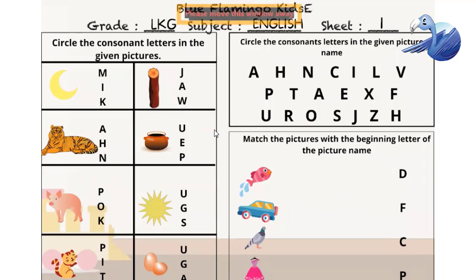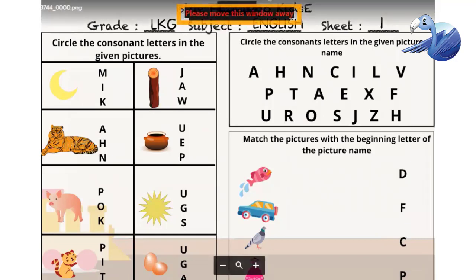Okay. Now in today's class, students, we are going to learn about consonants. In the given picture, we have to circle the consonants. Consonants means, leaving all 5 vowels, whatever letters are left over are known as consonants.